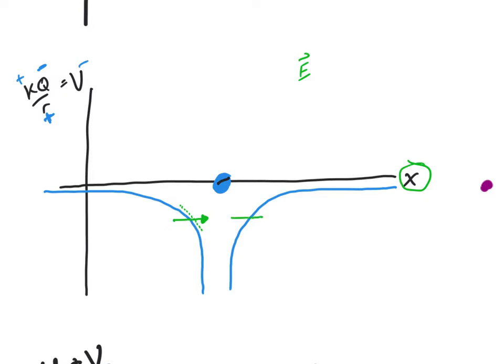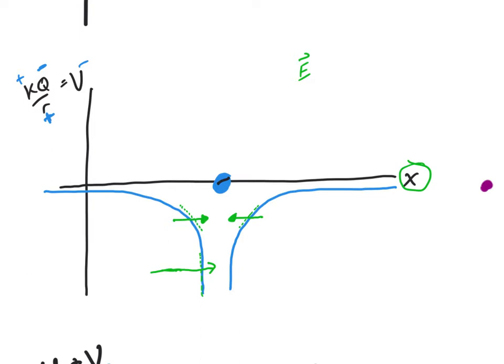Symmetrically speaking, I can say that the electric field is going to be inwards there because of the positive slope. I'll end up with a negative electric field. Here, I end up with a very large electric field with this very large slope.